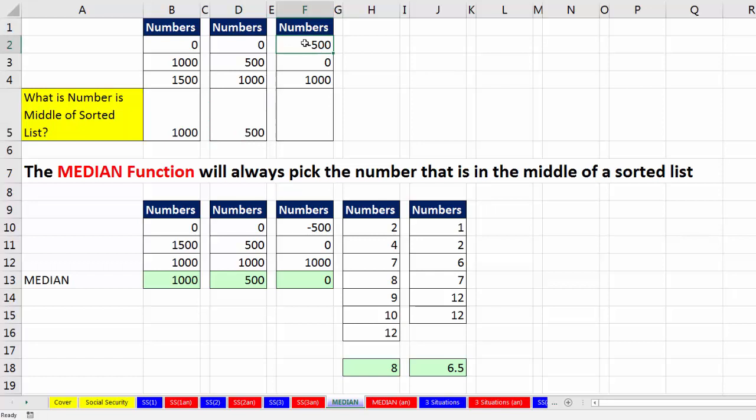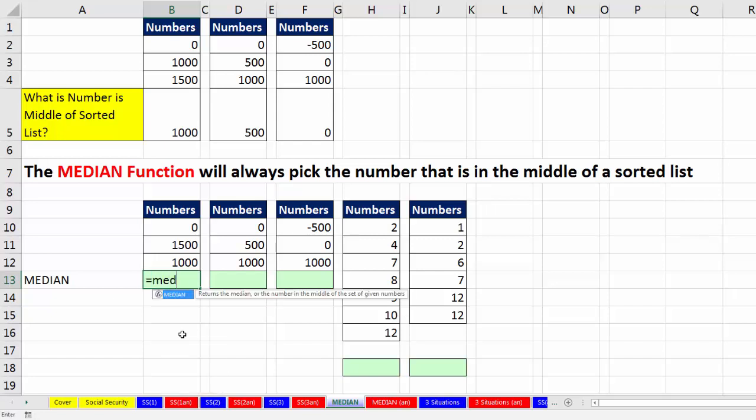This sorted list, smallest to biggest, 0 is in the middle. Now, we looked at a sorted list, so it was easy for us to pick the one in the middle. But, and I shouldn't have any of these formulas down here, the median function doesn't care if it's a sorted list or not. It'll just look at whatever set of numbers you give it, and internally, it will sort and always pick the one in the middle.